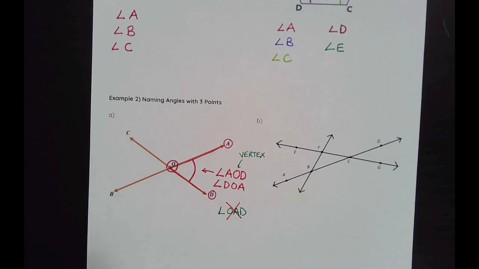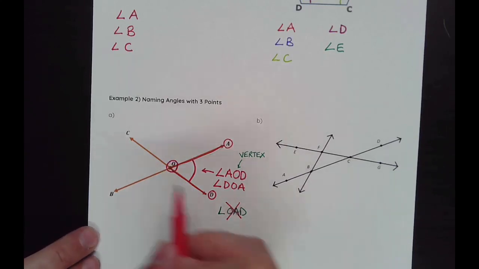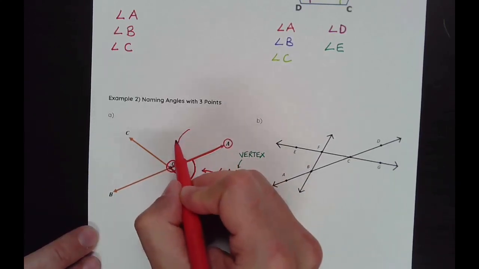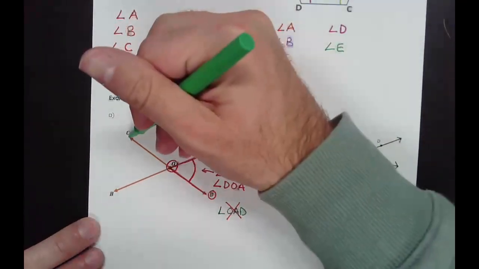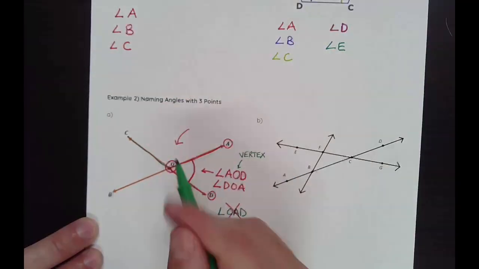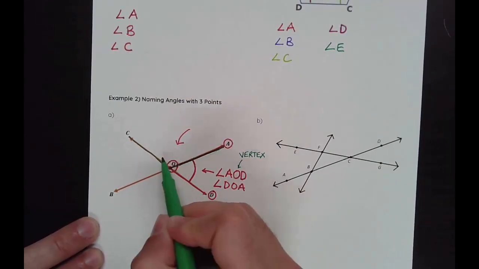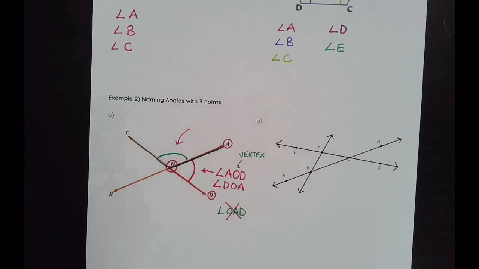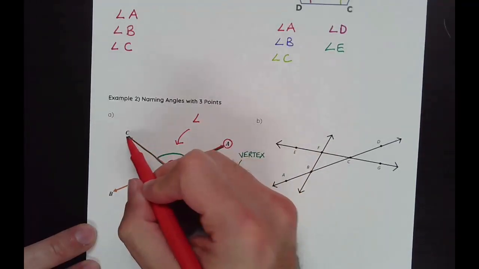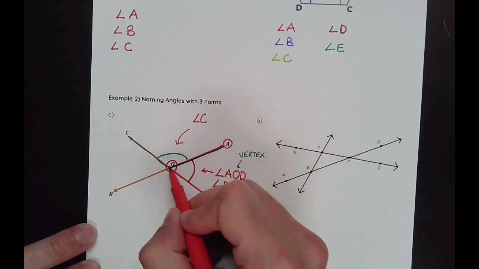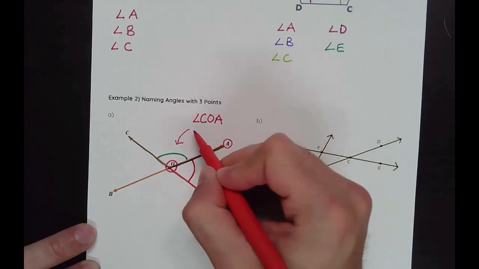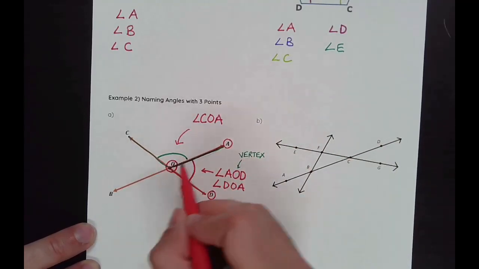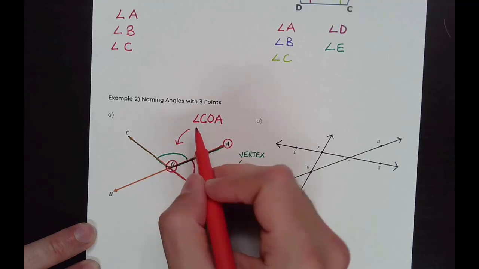Let's take a look at another piece. So I'm going to label, let's do this angle here. This is made up from C, O and A. So we're going to say it C, O, and A. Trace it, C, O, A. That's the angle I'm talking about, so I've labeled it correctly.